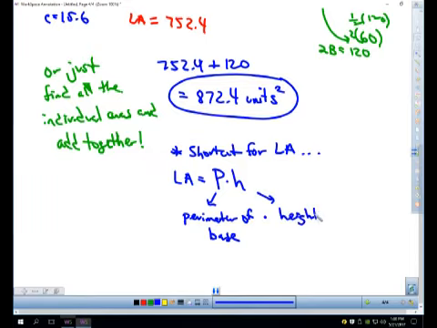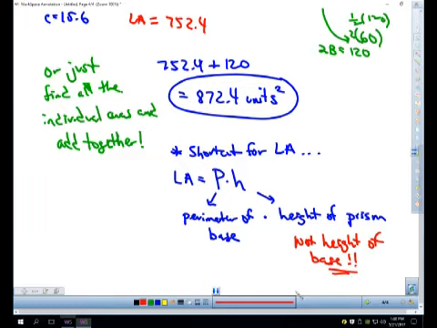And what that does is it gives you all of those rectangles all at once. Instead of breaking it up into 3 rectangles like I did earlier, it would give you all of them at one time. Please remember, if you're going to use this, it's the height of the prism, not the height of the base. The height of the prism is defined as the distance between bases.